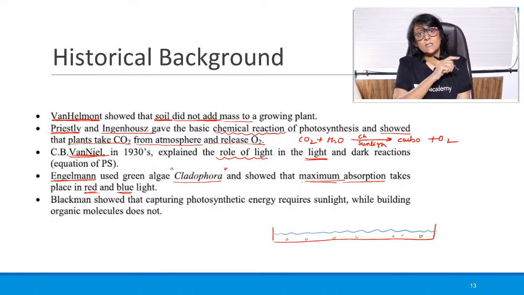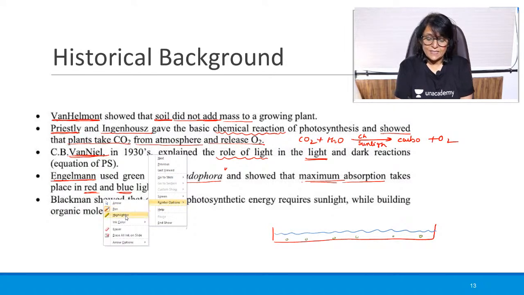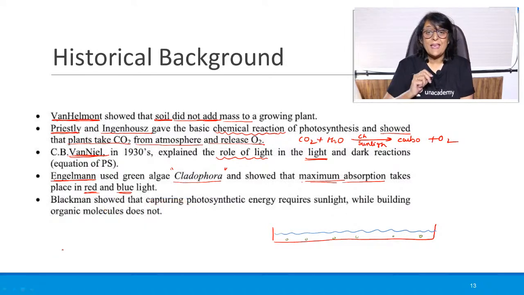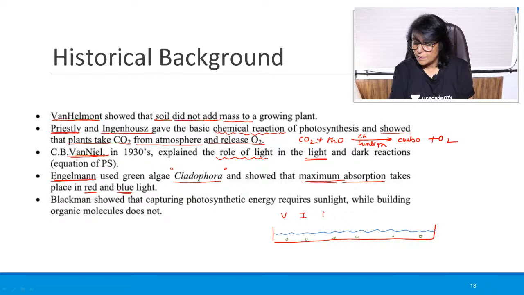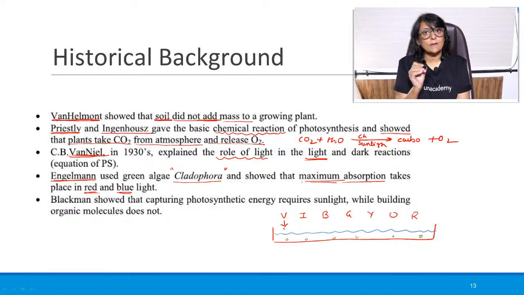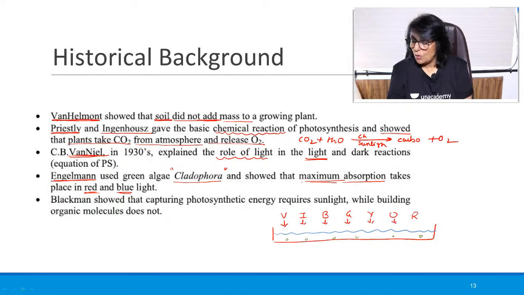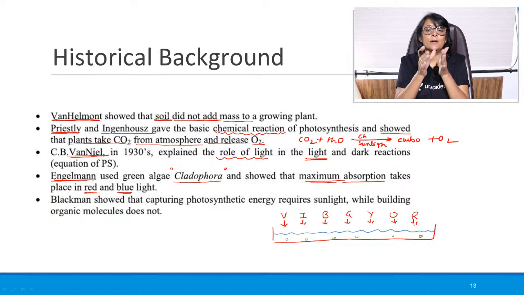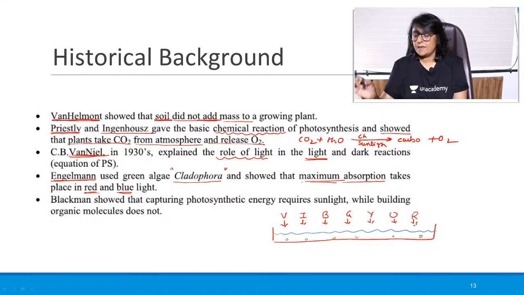Now this long tub was exposed to various wavelengths of light, and that was VIBGYOR. Violet, only violet light was thrown in that area. Indigo, blue, green, yellow, orange and red. And the light was focused only in that particular area. And this setup was allowed to stay for a very long period of time.